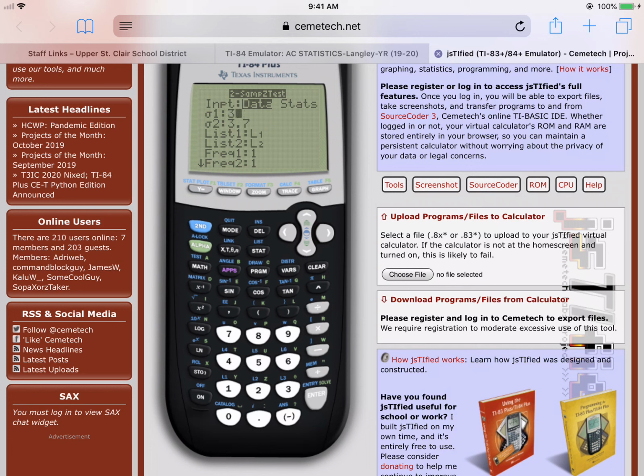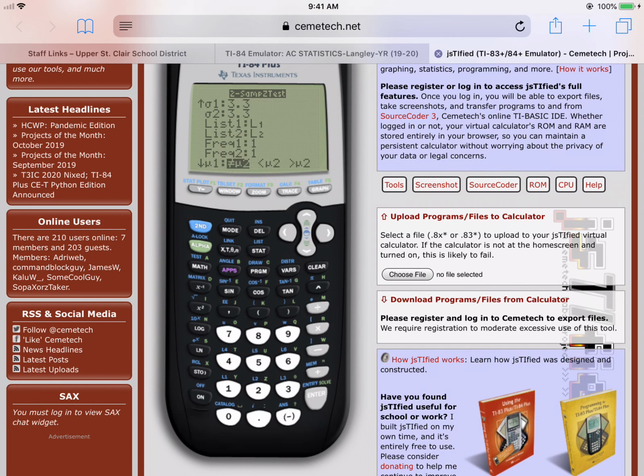It's said in the problem that we're going to let both of these be 3.3. If you did not have this, then you're going to go to either one var stats and do it twice, or two var stats and get the sample standard deviation from each of these lists. But the rest of the data, like the means and the sample sizes, it's going to pull from L1 and L2, so it's important to verify that those numbers are correct.